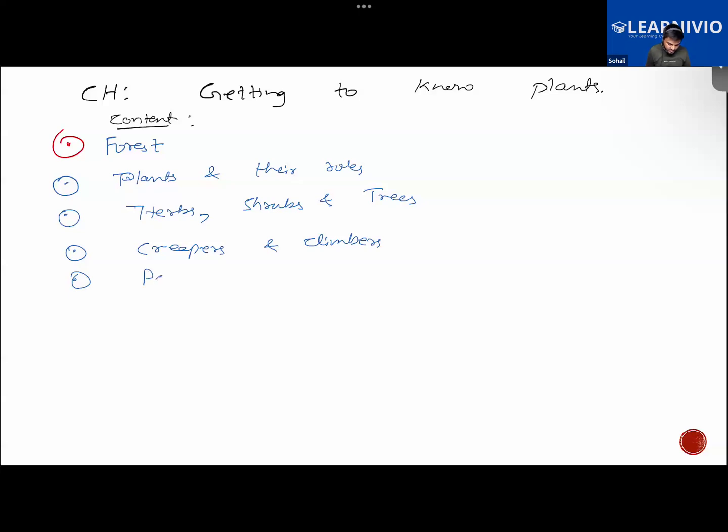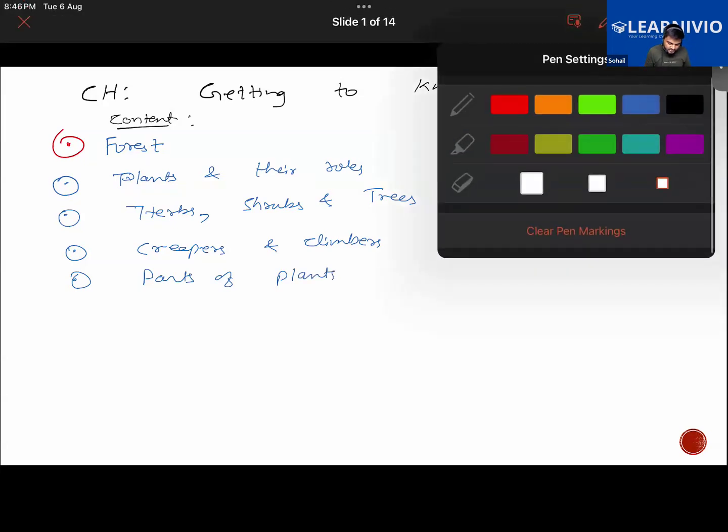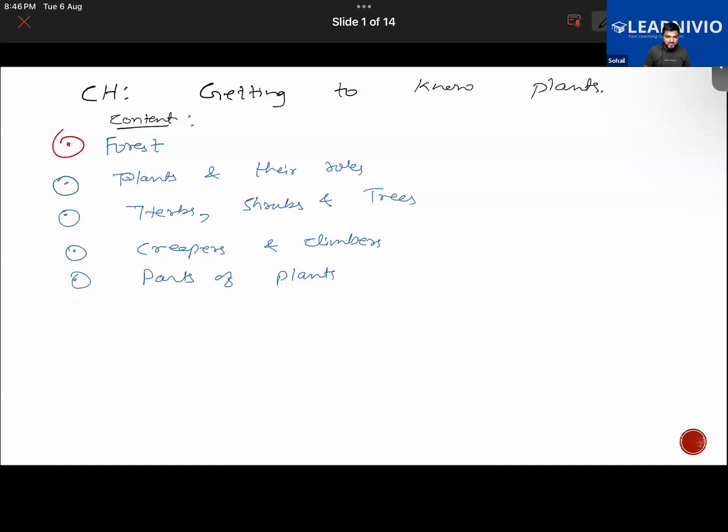After this, you'd be learning about parts of plants. In parts of plants, these are the following subtopics which we would be learning in detail. We'd be learning about the stem.